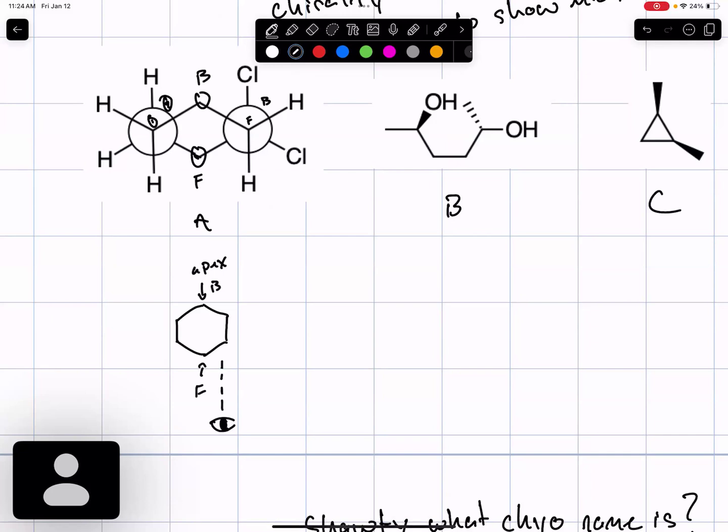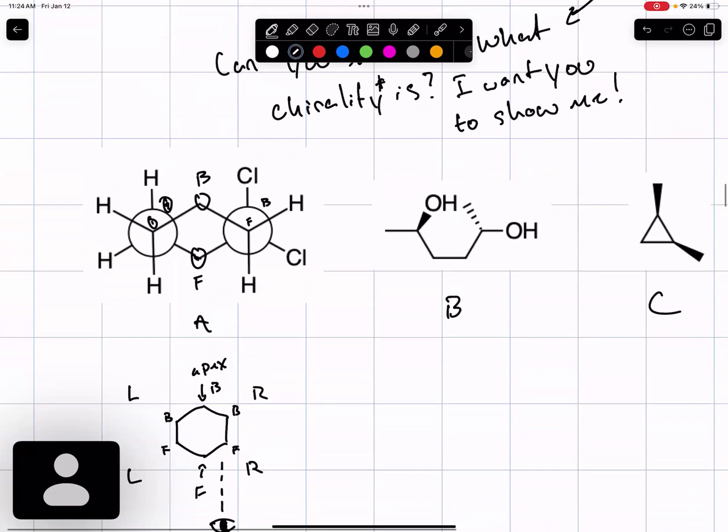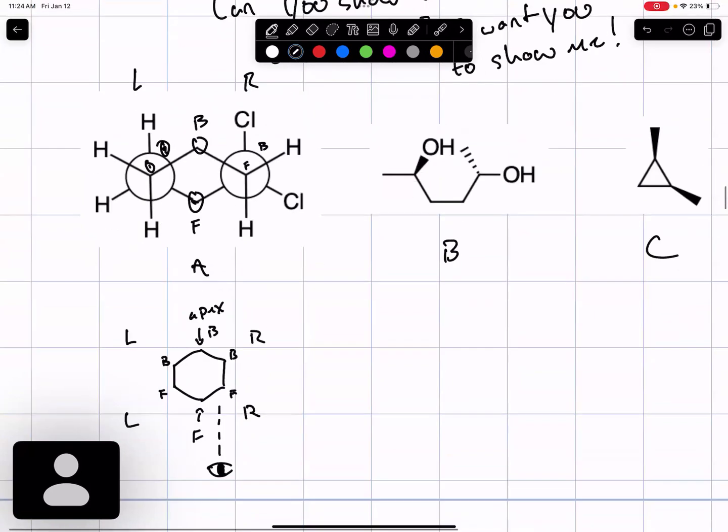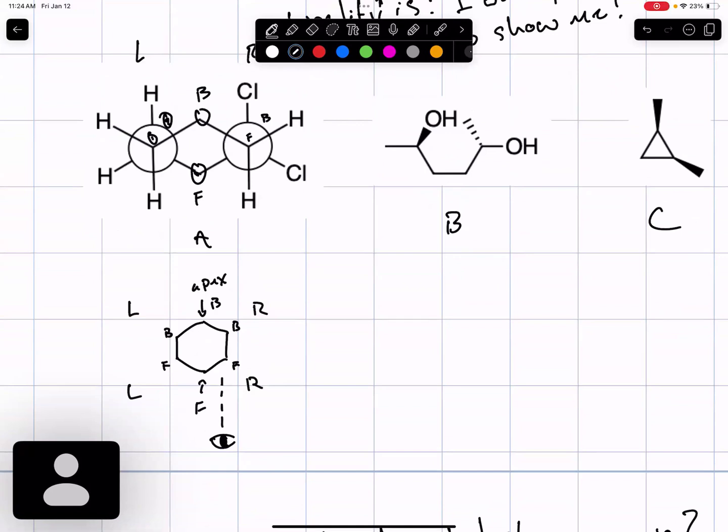This is the carbon in front on your left and in back on your left. This is the carbon in front on your right, and this is the carbon in back on your right. So this is left and right. And I'm going to highlight this back carbon in green on the right side.